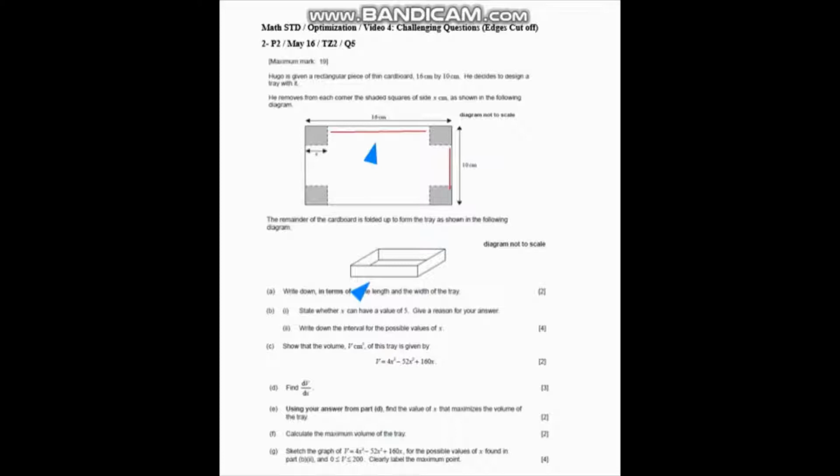And the remaining width shall be given by 10 minus 2x, and this is represented by this component right there. And the height x is represented by this component right there. So for the purpose of question A, the length is 16 minus 2x and the width is 10 minus 2x.